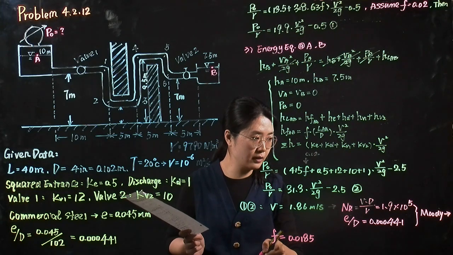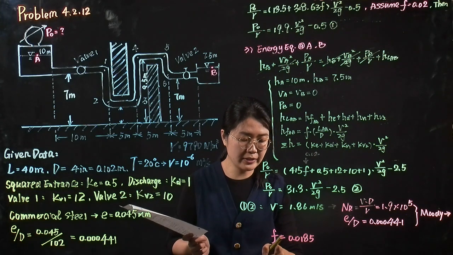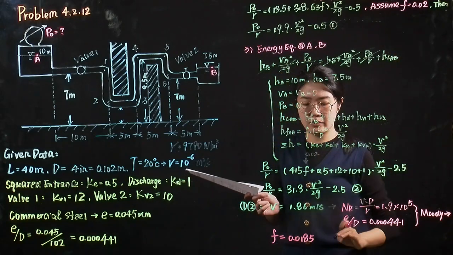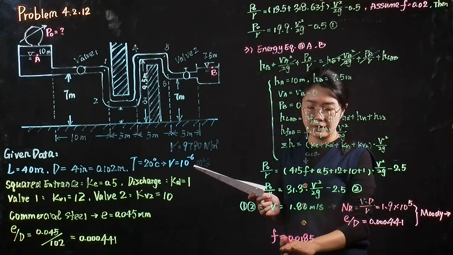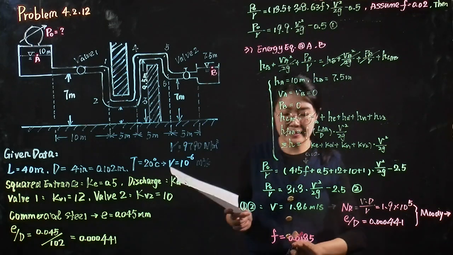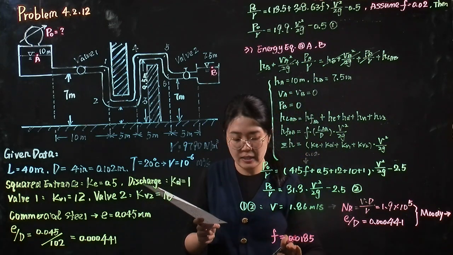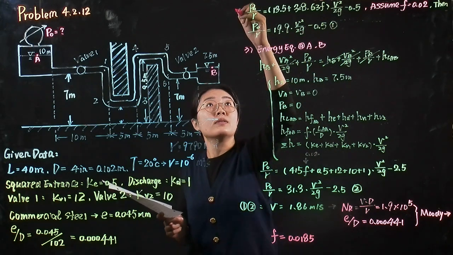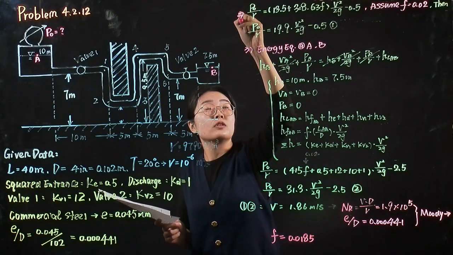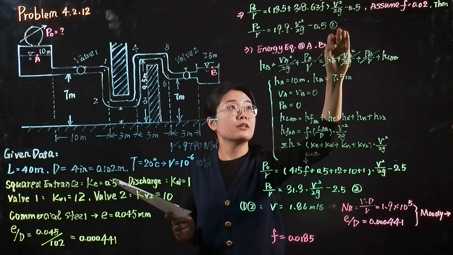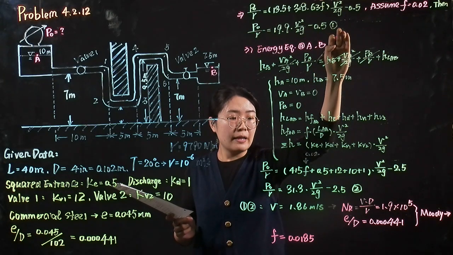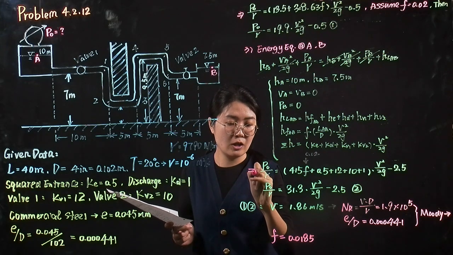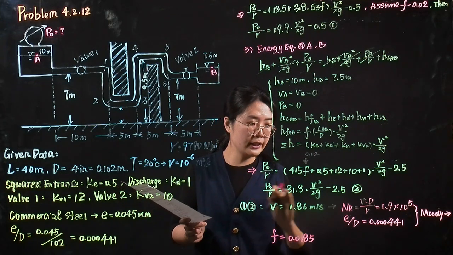Because the friction factor we just calculated is different from our assumption, we need to use the calculated friction factor as our new friction factor and bring this value back to update equation 1, and then bring it back to update equation 2.